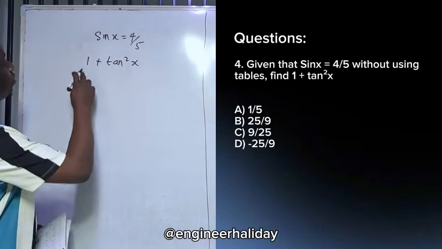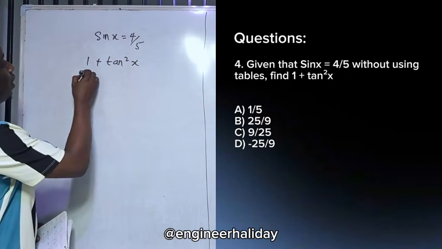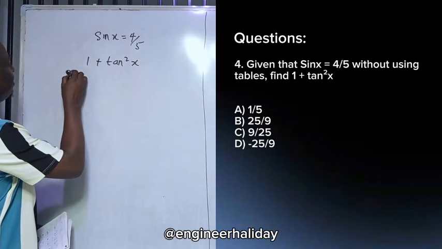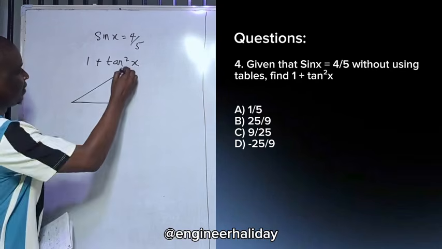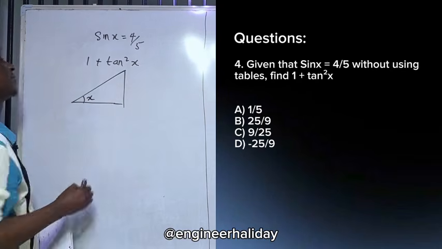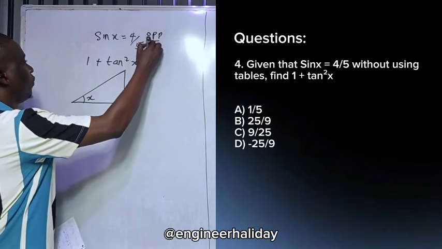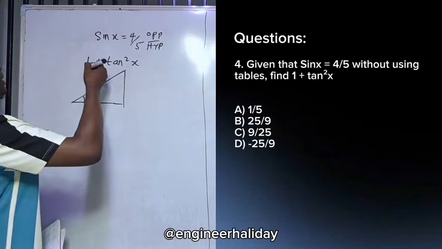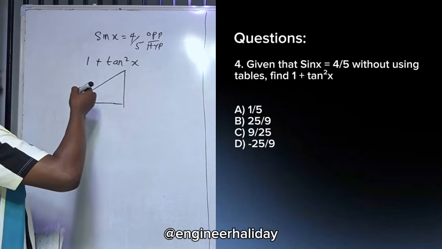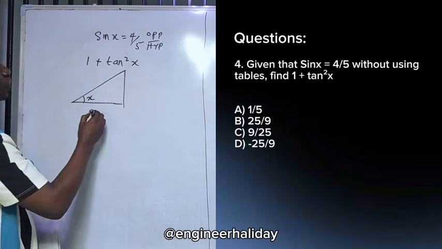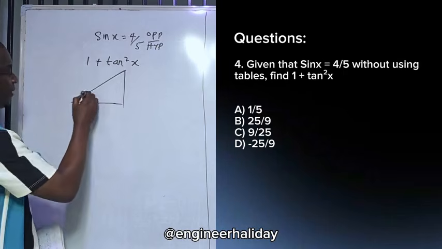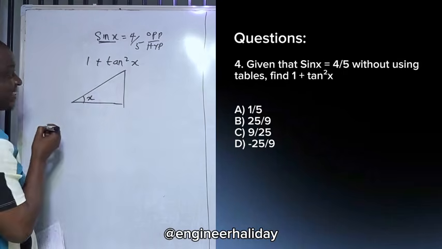Now what do we do? Let's see. This is the angle x. Now this is opposite over hypotenuse. So what do we do now? We use this particular sine x.